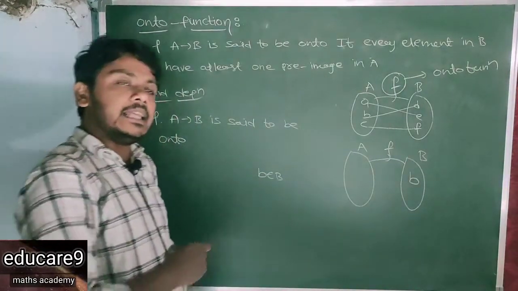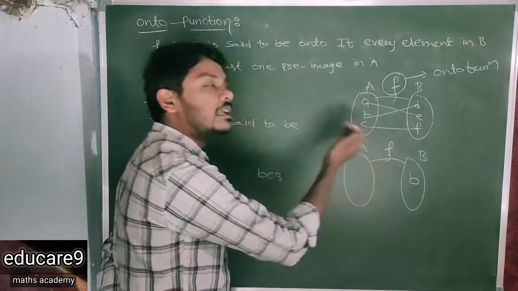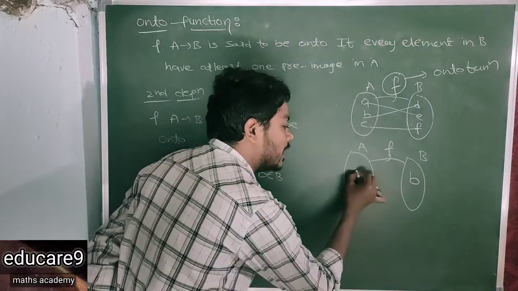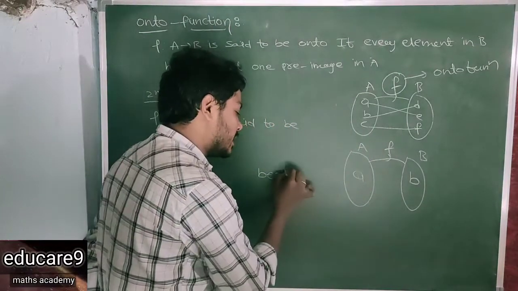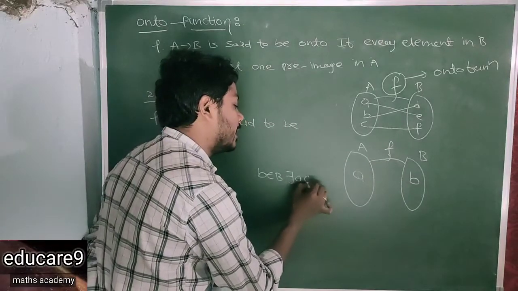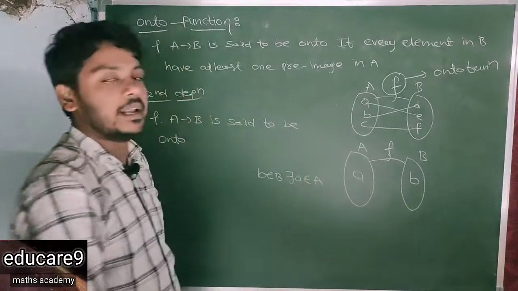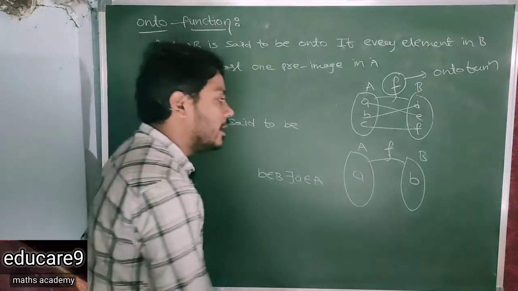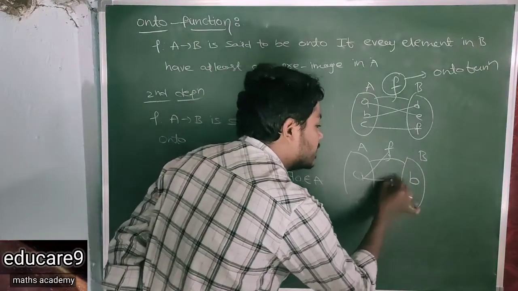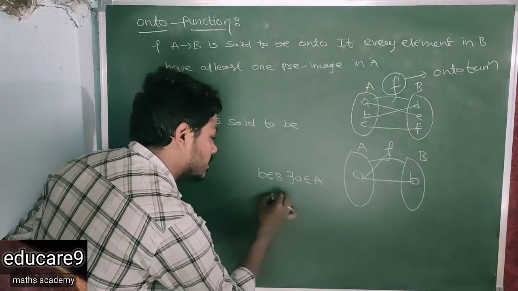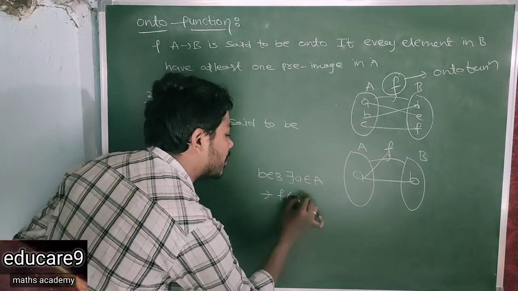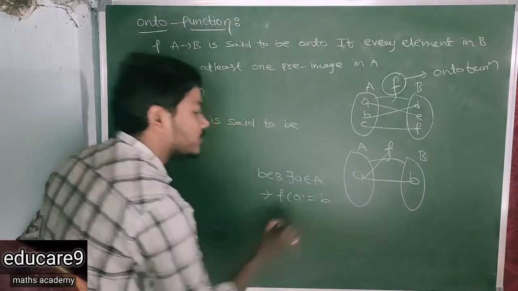Then definitely there exists some element in A, so for example a belongs to A, that is, there exists some element in the domain, such that f of a is equal to b.